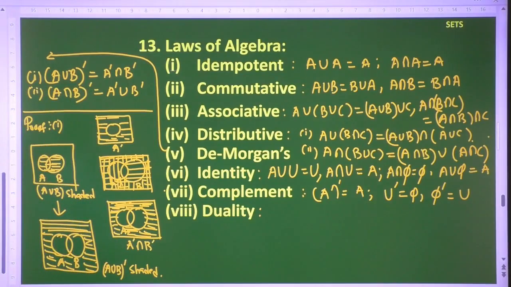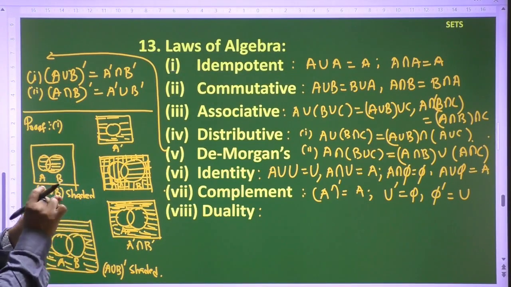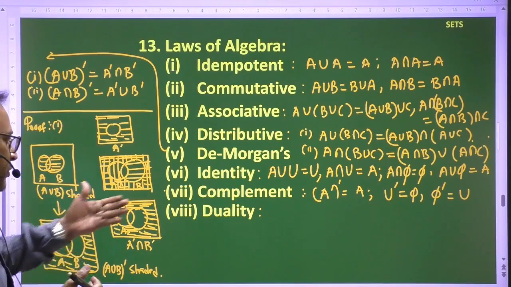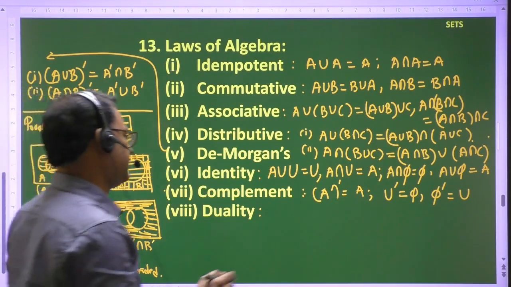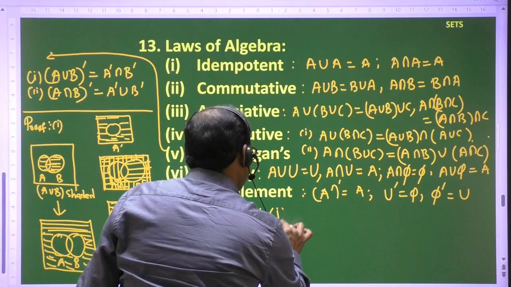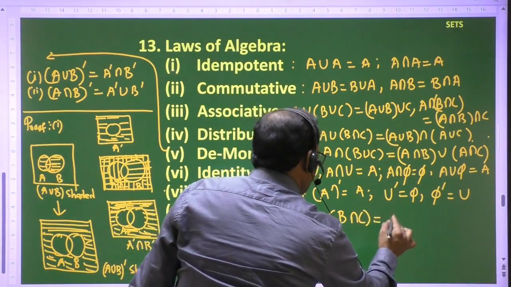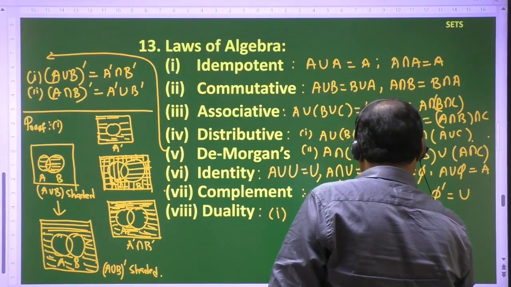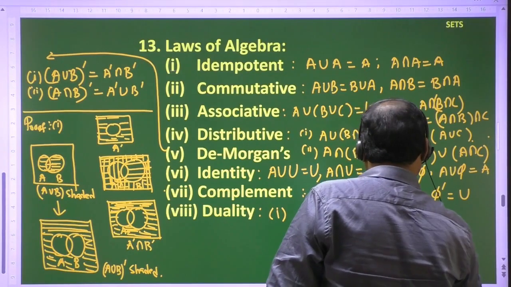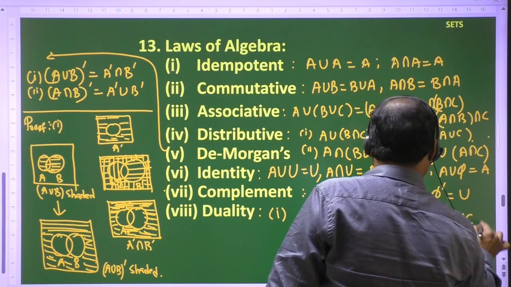Now what is duality? In set theory, some results are there. If you interchange the union and intersection signs, from one result you go to another result. For example, if I take A union (B intersection C), I have (A union B) intersection (A union C).